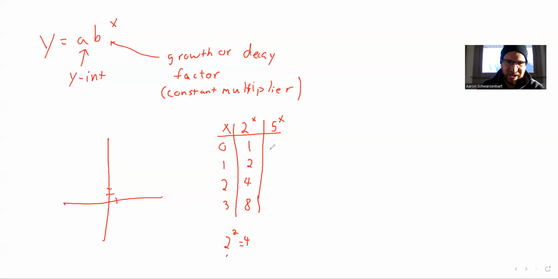Now we're going to repeat with 5. 5 to the 0 is still 1. 5 to the first is 5. 5 to the second is 25. And 5 to the third is 125. That one's growing a whole lot steeper.